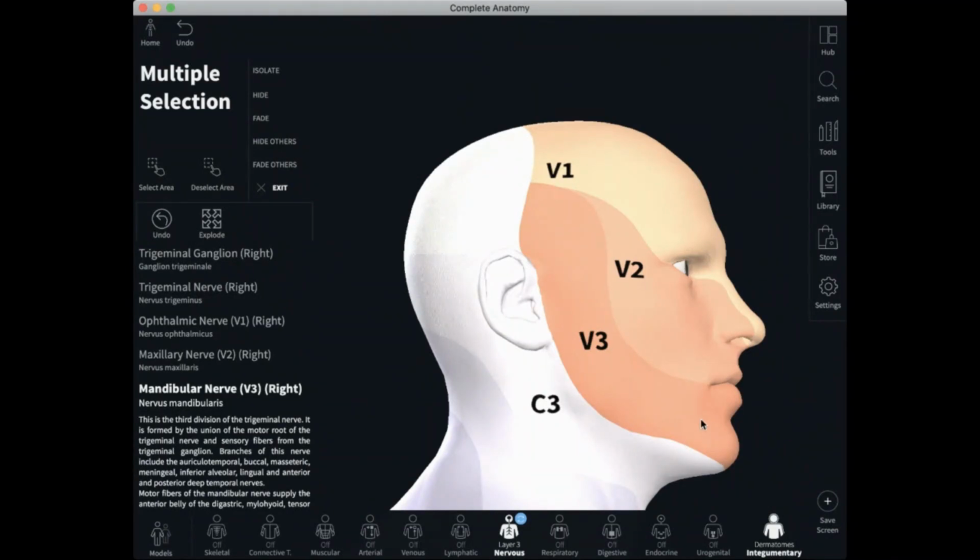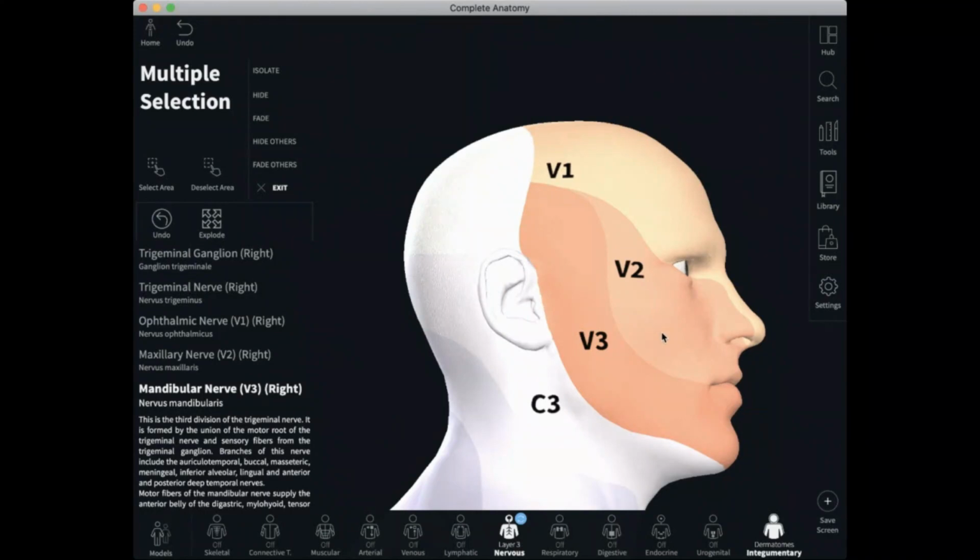There are also motor fibers in the trigeminal nerve, supplying the muscles of mastication, the muscles responsible for chewing food, the masseter and the buccinator. The V1 nerve is distributed in this area. Suppose there is any wound here, the pain goes through the V1 route of the trigeminal nerve.